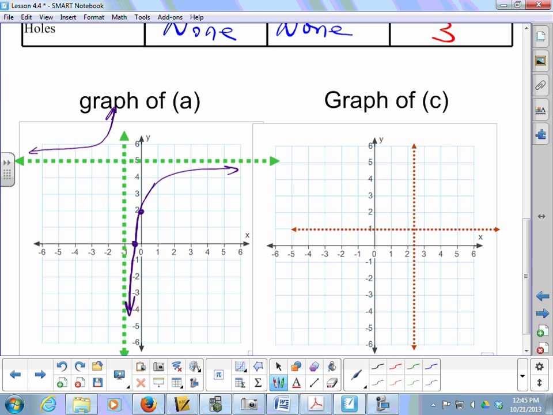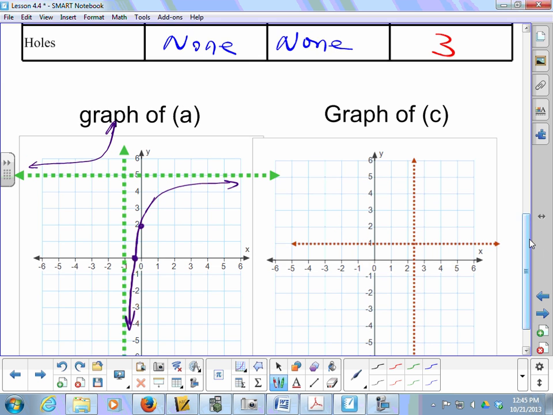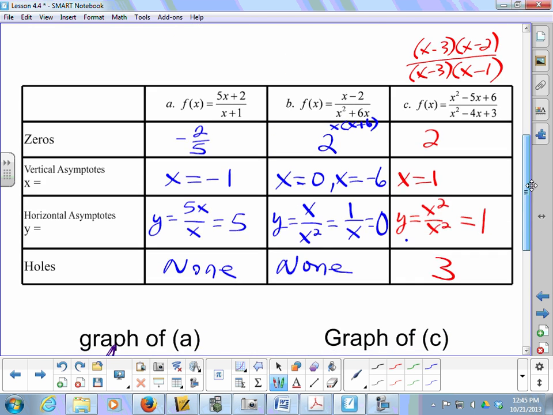Exactly. So I'll pick a number on the left of the vertical asymptote, x equals -1. So pick a number over there. Let's use -5. That's a nice number. If I put in -5, I'd have -25 plus 2 over -5 plus 1. -25 plus 2 is -23, and -5 plus 1 is -4.